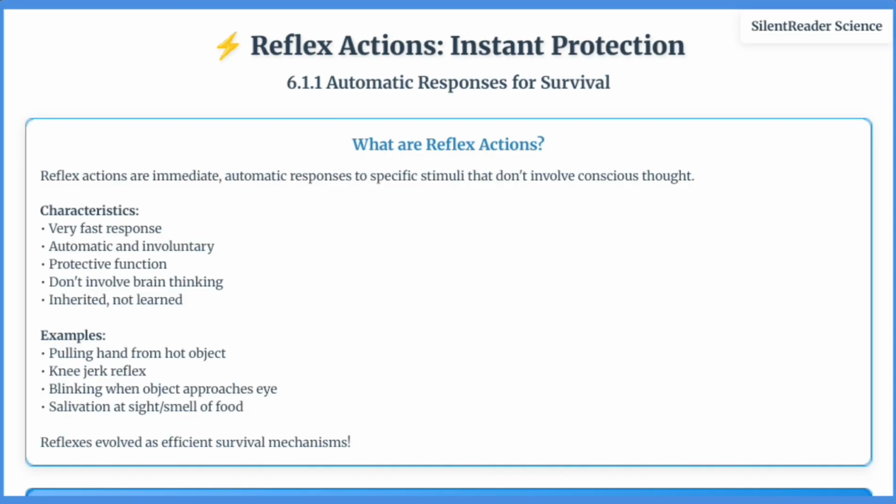Meanwhile, information also goes to the brain so we become aware of what happened. There are different types of reflexes: spinal reflexes controlled by the spinal cord, cranial reflexes controlled by the brain, and conditioned reflexes that are learned. Reflexes have evolved as efficient survival mechanisms, especially important for animals with less complex brains.